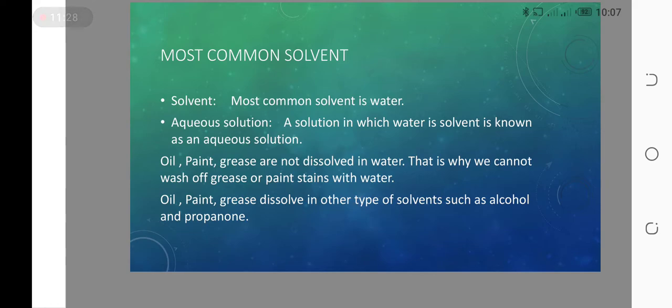Grease, paint, and ink solutes do not dissolve in water, but they can dissolve in other solvents such as alcohol and propanol. That is why we cannot wash off grease or paint stains with water. That is the basic reason why we cannot remove stains of grease or paint by using water.